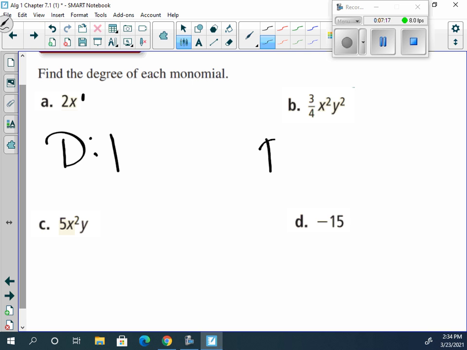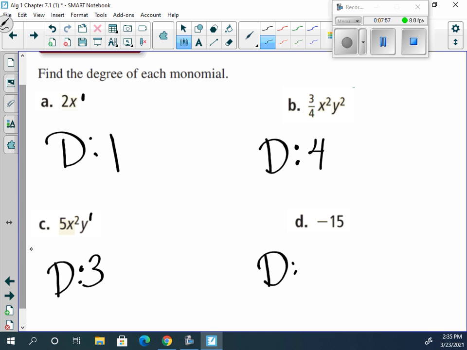Okay. All right, let's do the next one. 3/4 x squared y squared. What do you think about this one here? What would the degree be? Ready? What would the degree be? 4, because we would do 2 plus 2, which would give us 4. How about the next one? Because here it would be 2 plus 1, which would give us 3.